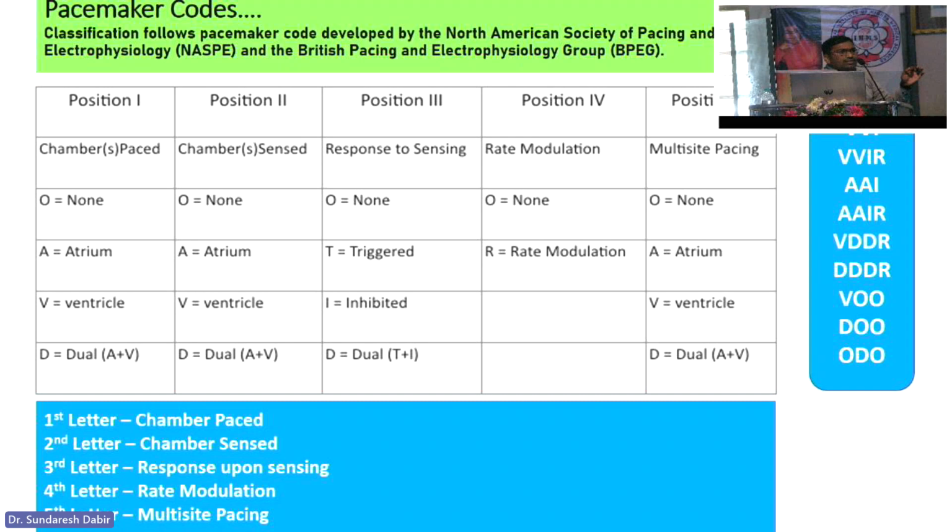Whenever I sense, I should inhibit pacing, which means withhold the pulse. That is what the pacemaker does. That is the third D. The fourth letter is rate responsive, rate modulation, and the fifth one is multi-site pacing, which is CRTP, CRTD, where we can do multi-site pacing.